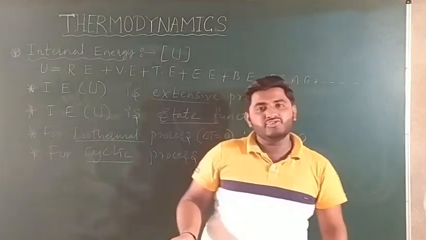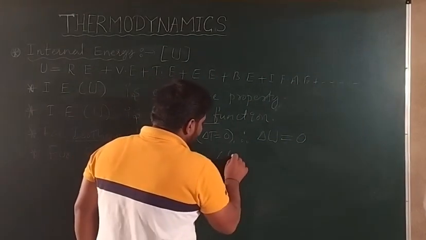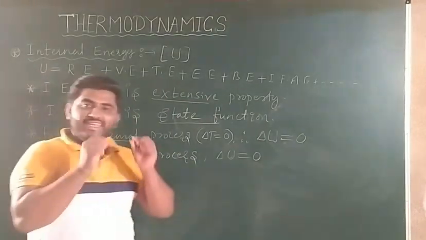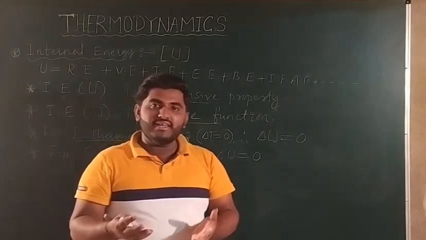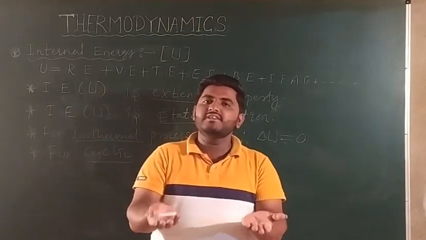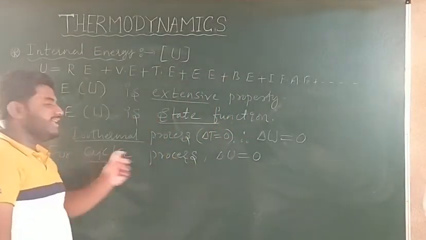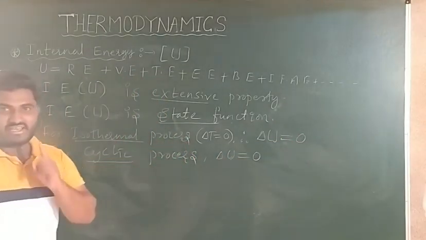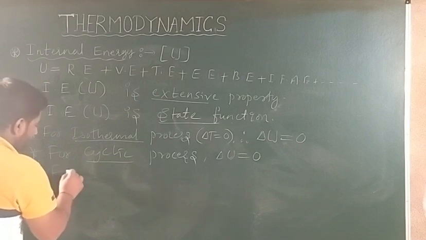Therefore, for a cyclic process, change in internal energy is 0. Because U1 minus U2, both are the same, means U1 minus U1 or U2 minus U2, we are getting 0 itself. Therefore, del U is 0 for a cyclic process. Del U is 0 for an isothermal process. Remember these two.